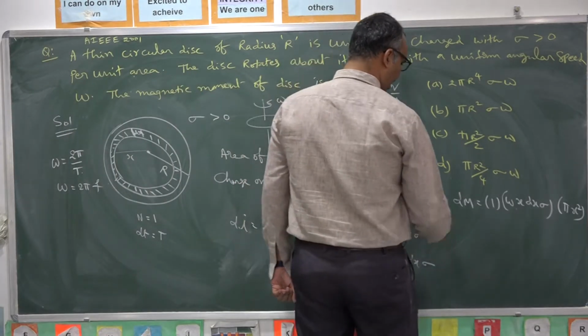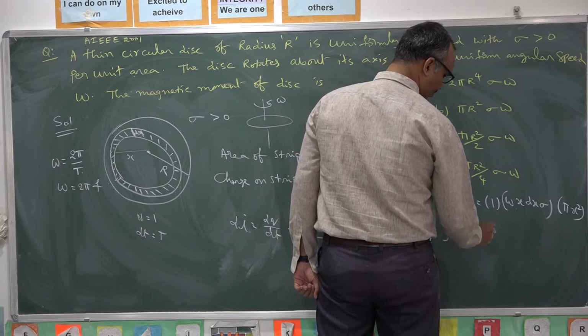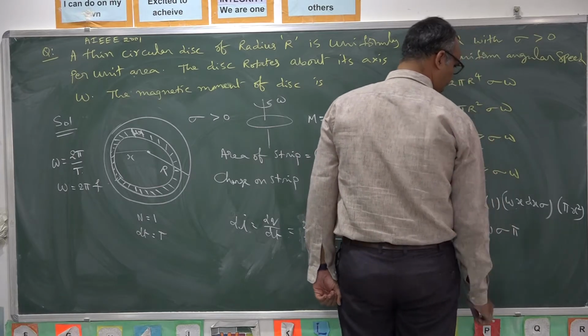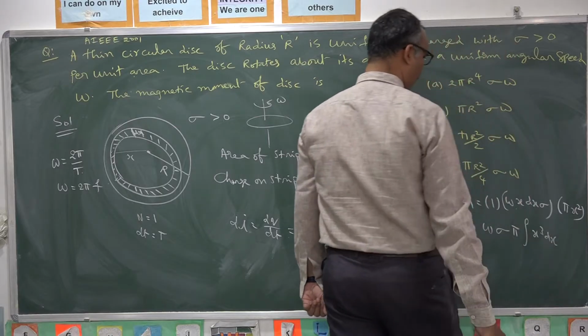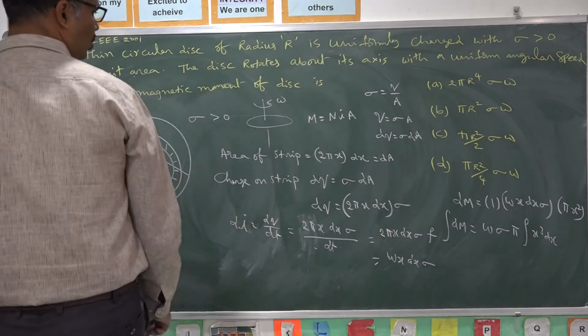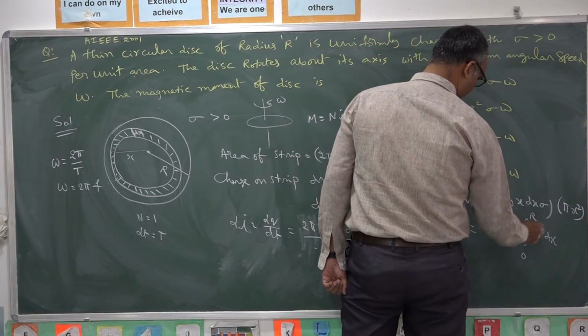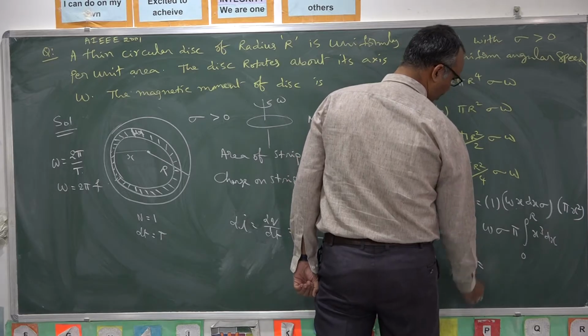So when I need it for the entire disk, I integrate. Omega is constant, sigma is constant, pi is constant, leaving x cube dx. x varies from 0 to r. So the integral of dm will give the total magnetic moment.